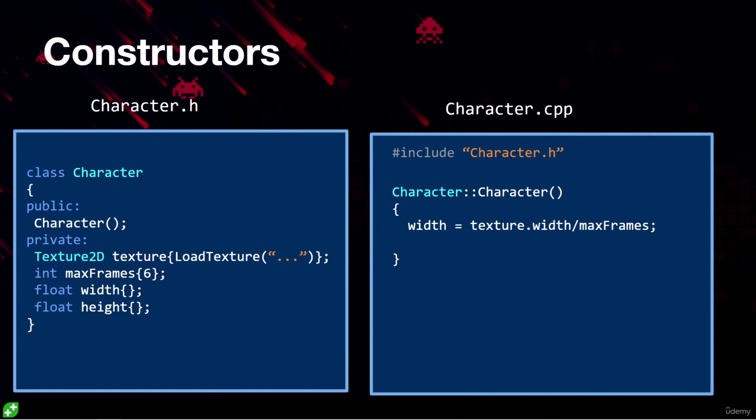Here we see that we're setting width equal to the value of texture.width divided by maxFrames. Here we can also set the value of height equal to texture.height. We don't expect these values to change throughout the lifetime of the class. The constructor is a good spot to make these calculations, provided that texture and maxFrames are initialized before we do so.